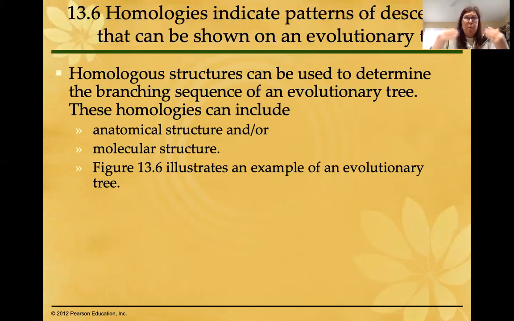So they solved the problem of evading predators or finding food by flight, by having wings, but they solved it differently. They have the same outcome by a different method.